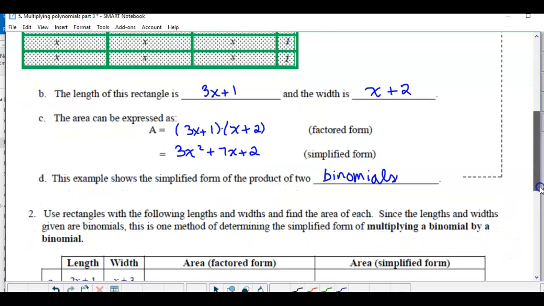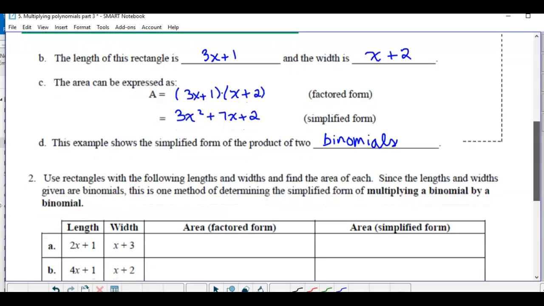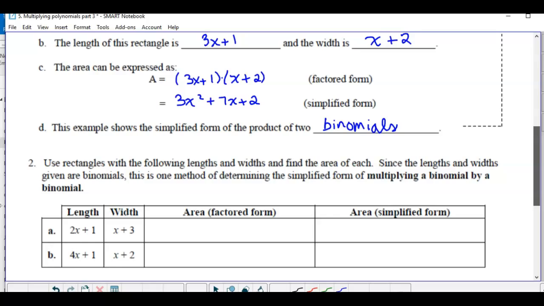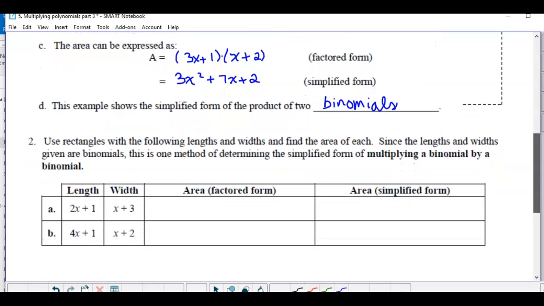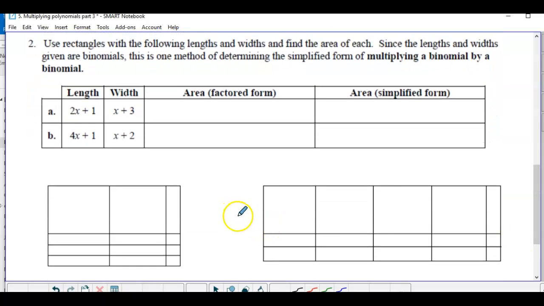So next part says use rectangles with the following lengths and widths and find the area of each. Since the length and widths given are binomials, this is one method of determining the simplified form of multiplying a binomial by a binomial. So I've drawn some rectangles for you. After this, you're probably not going to do that too much, but in any case, this is a big square, so that's x times x is x squared, right?